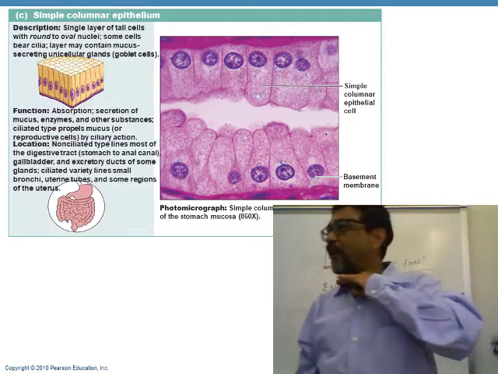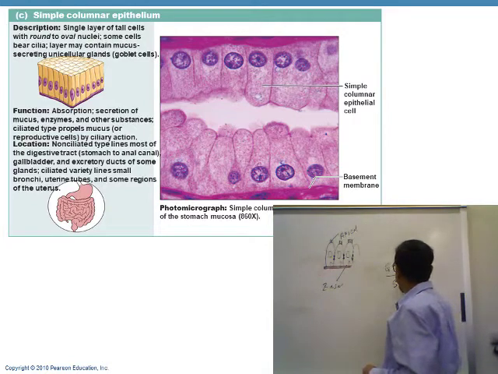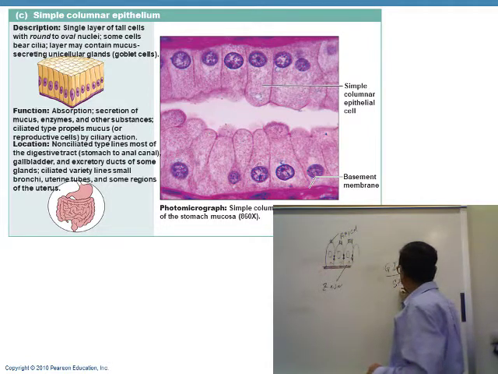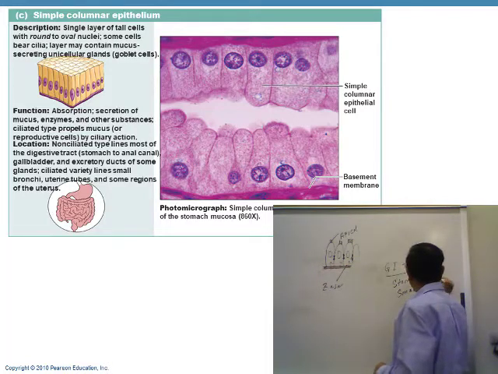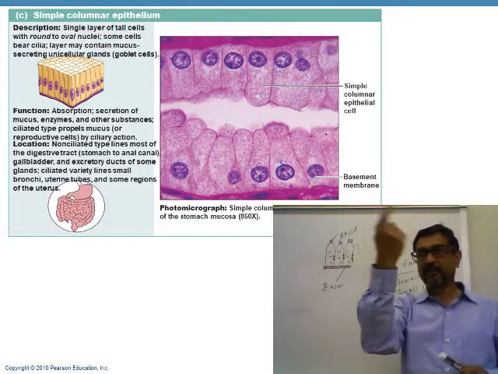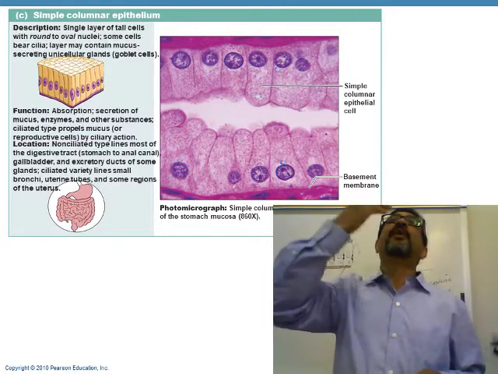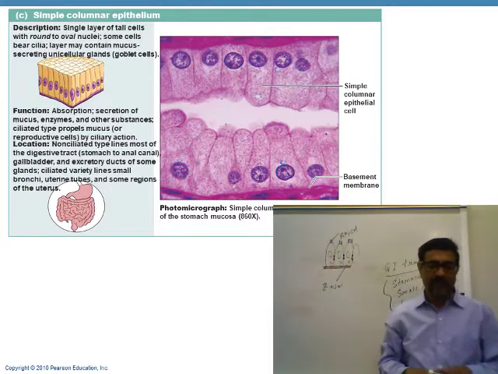Okay, stomach and below. That means stomach and what else do you have below the stomach? Small intestine, large intestine, right? Very good. So, stomach and below, innermost lining, you have simple columnar. Above the stomach, you have a different type of epithelial tissue.